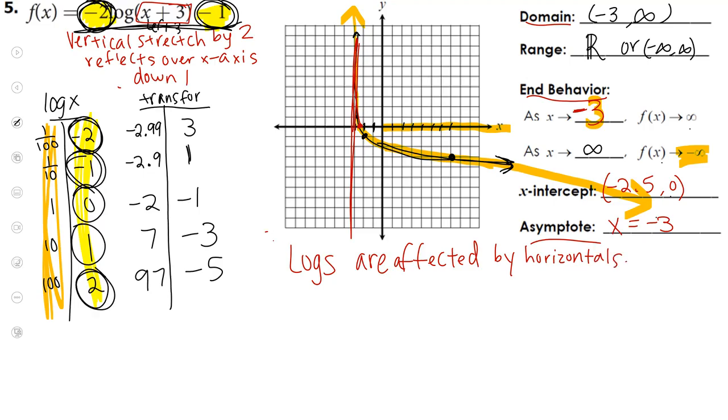And I'll add: the asymptote of logs are affected by horizontal movement. Anything horizontal, left, right, reflections across the y-axis, those would affect it. Okay, I'm going to stop here.